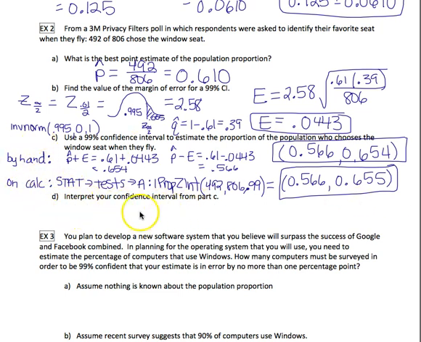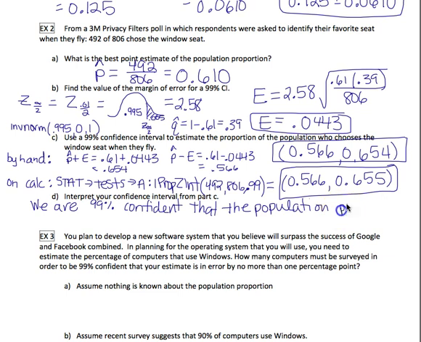But the interpretation, we do the same wording-ish each time. So we say we are, and then whatever the percentage is, in this case 99%, confident that the population, and then whatever statistic you're talking about. In this lesson, we're only talking about proportions. So we would say population proportion.